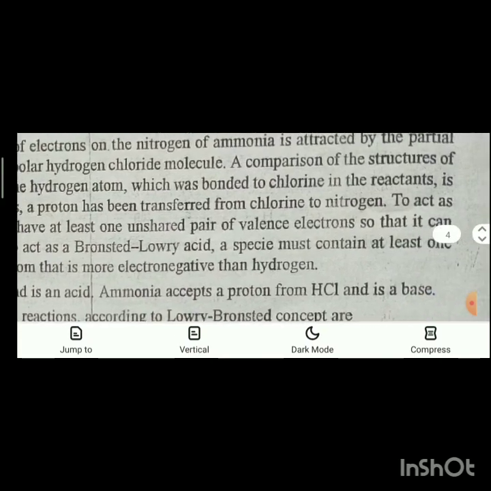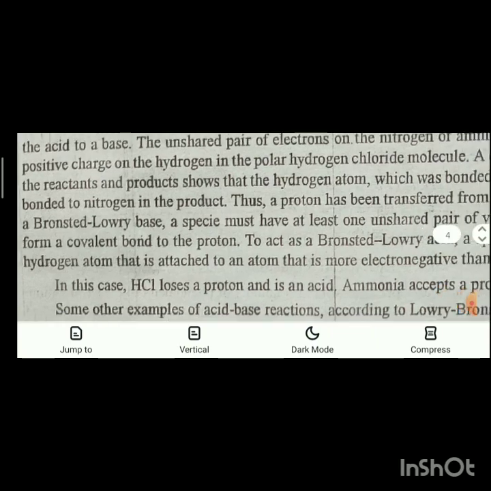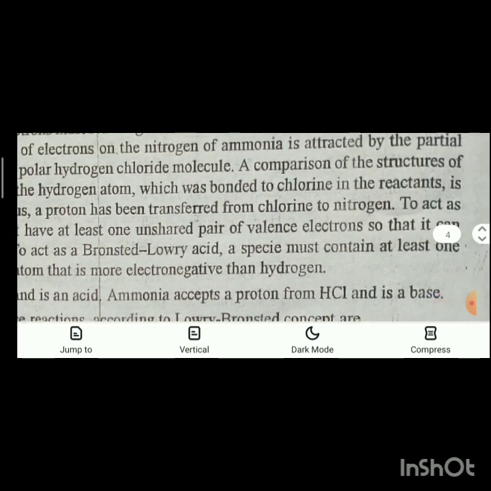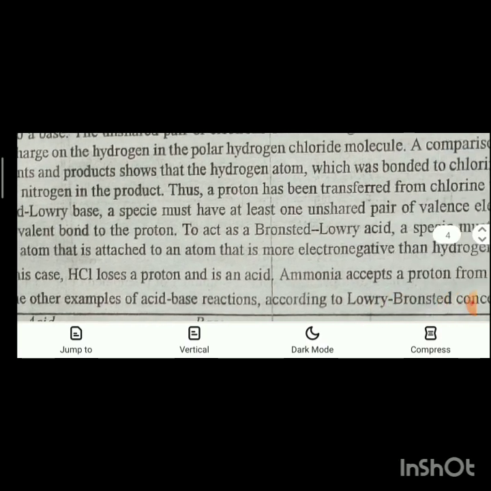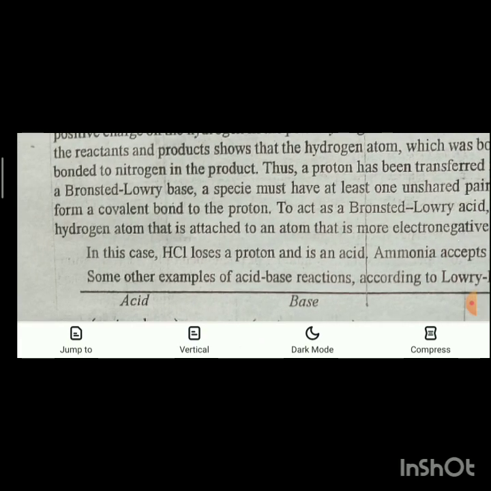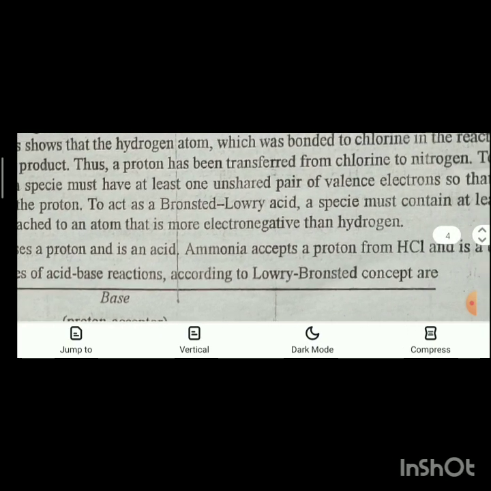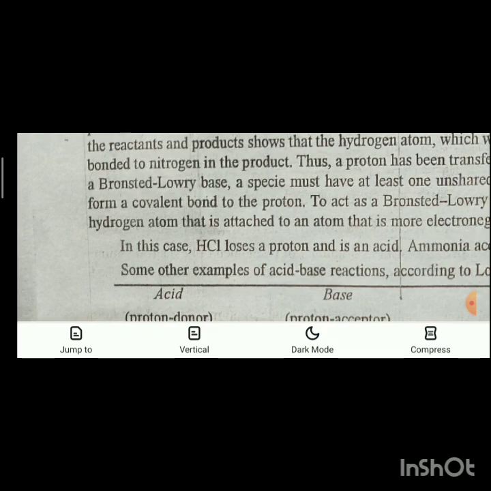A comparison of the structures of the reactants and the products shows that the hydrogen atom which was bonded to chlorine in the reactants is bonded to nitrogen in the product. Thus, a proton has been transferred from chlorine to nitrogen. To act as a Bronsted-Lowry base, a species must have at least one unshared pair of valence electrons so that it can form a covalent bond to the proton.